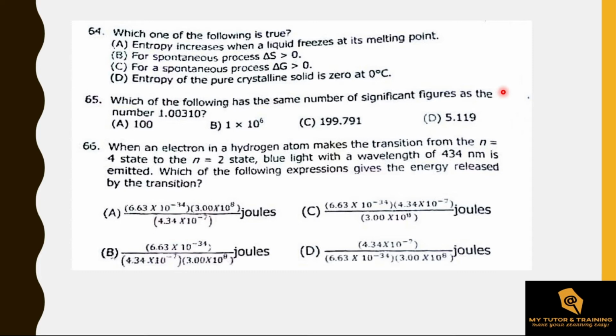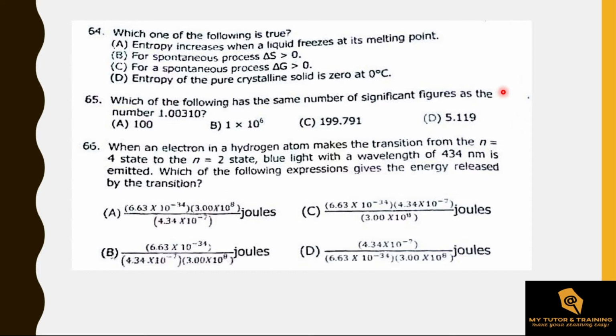The energy released by the transition. By the way, the formula to calculate the quantity of energy released by this transition is energy is equals to H times C over lambda, when H is the Planck's constant and C is the speed of light.